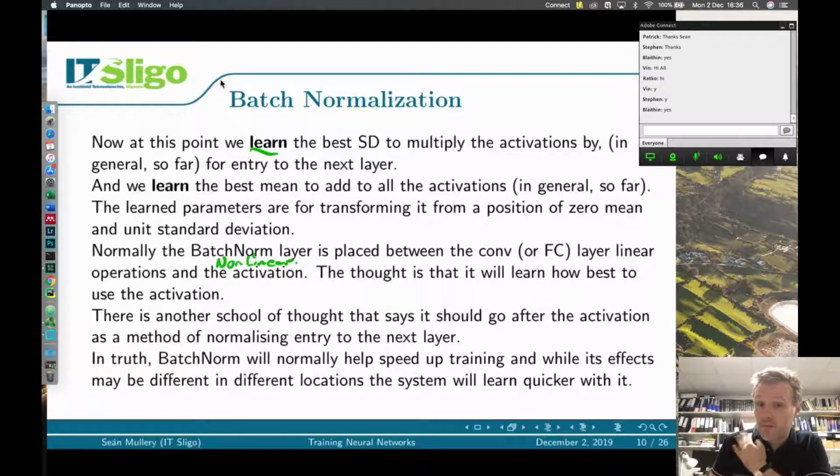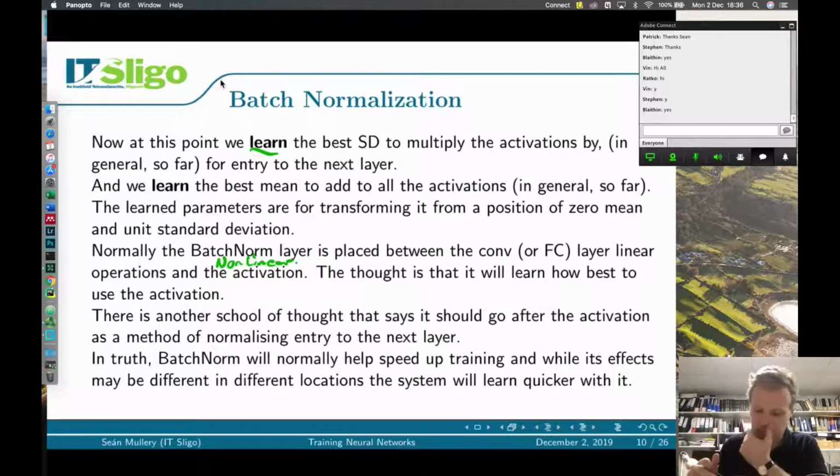The thought is that it will learn how best to use that activation. So, for example, if it was finding that from the previous layer we were saturating too much in going through the activation, we might find that it's better to push it into the better region or expand out into that region.